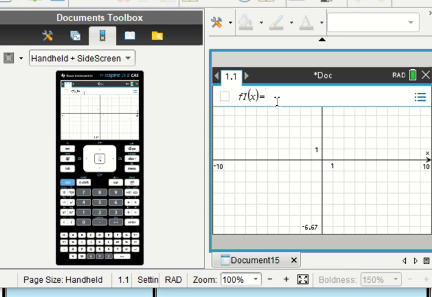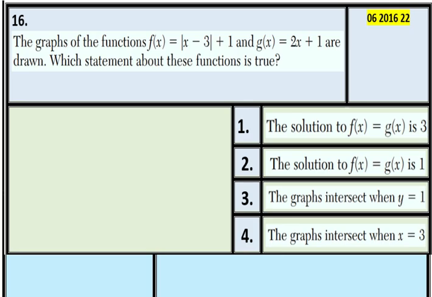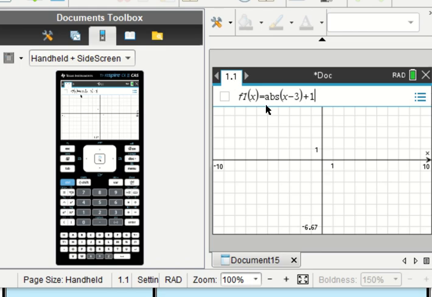So f of x is fine, but I need absolute value, and notice when I type abs, it turns to a block because it knows that that's absolute value. So x minus 3 has to be inside of the parentheses because that means it's going to be inside the bars. The plus 1 is outside.